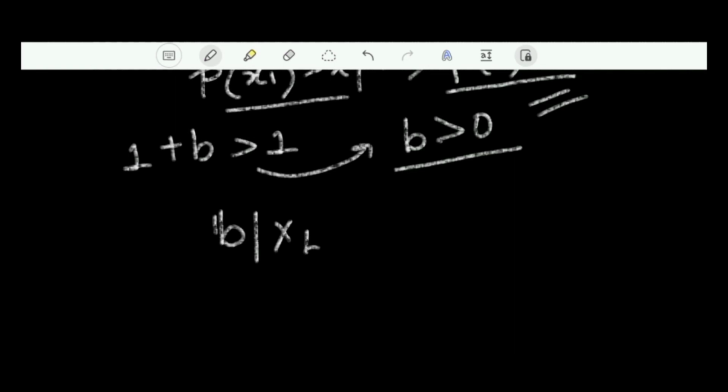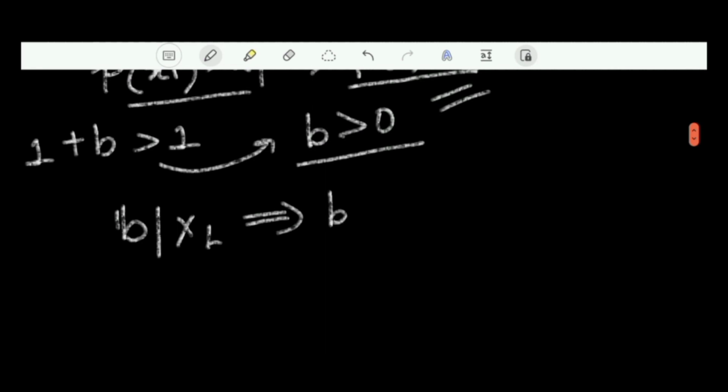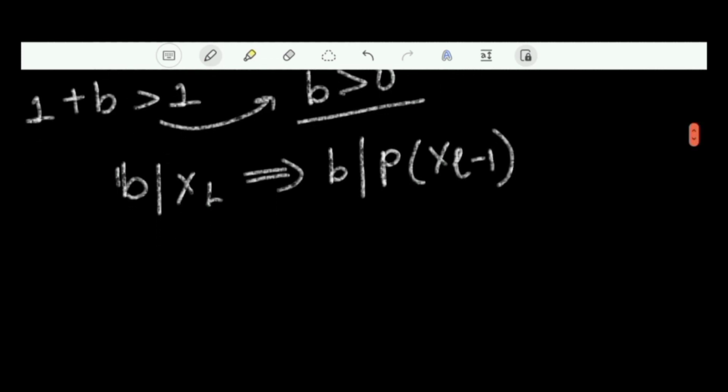And now we can imply that b is nothing but P of xl minus 1, and we know the structure of the polynomial, so we can write this in that form, which is xl minus 1 plus b.